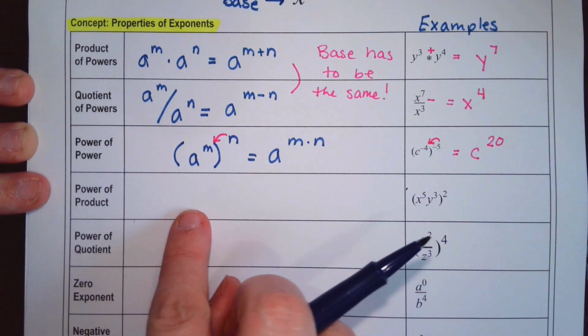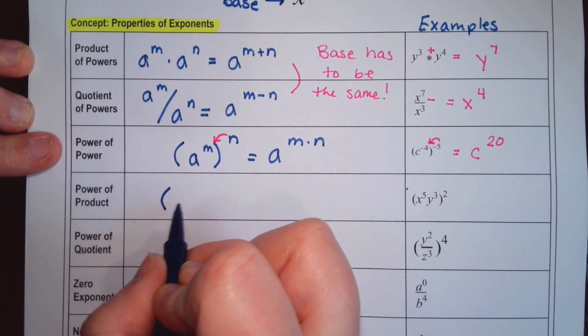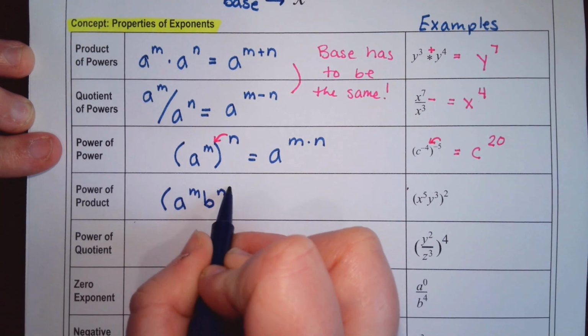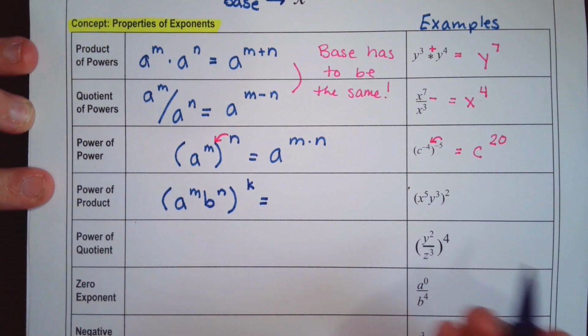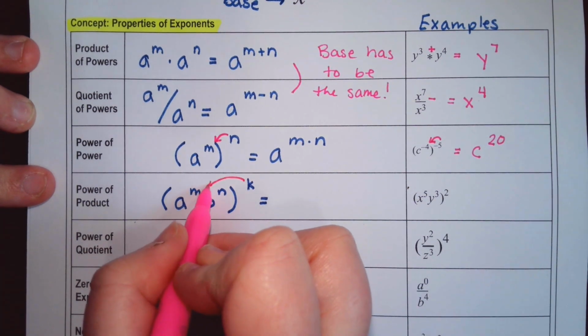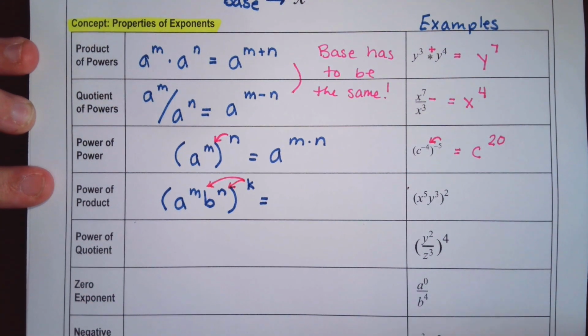Power of a product is very similar to power of a power. It's just now you may have multiple exponents to another power. Works exactly the same way. We just distribute that outside power to the inside powers.